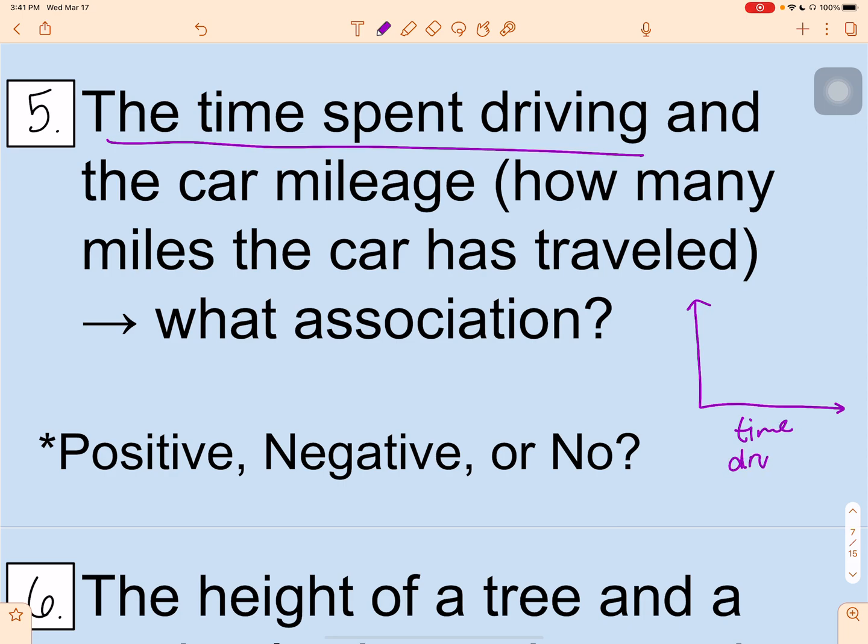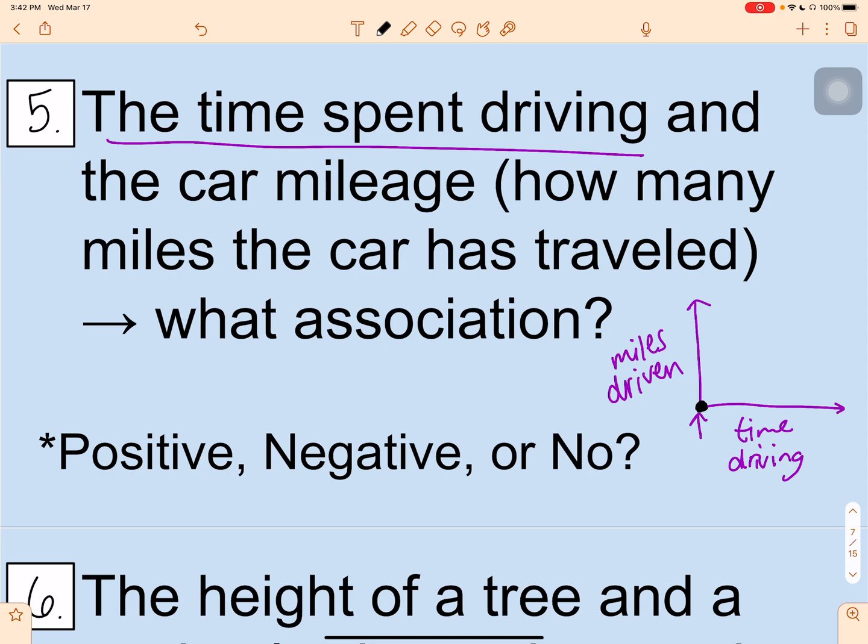Time driving versus the miles driven, or the mileage, but it's really just the miles driven. So whenever we first start to drive, we would be at 0 minutes. How many miles have I driven right as I start to drive? 0 minutes. How many miles have I driven? 0 miles, right? So this one should start at 0, 0.